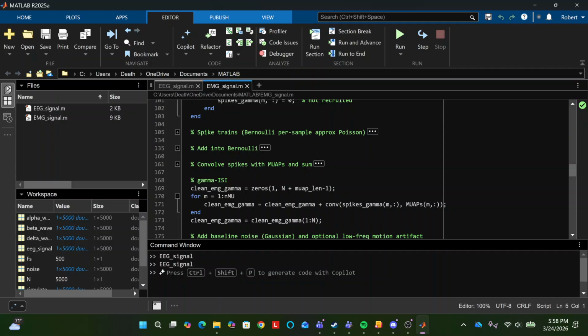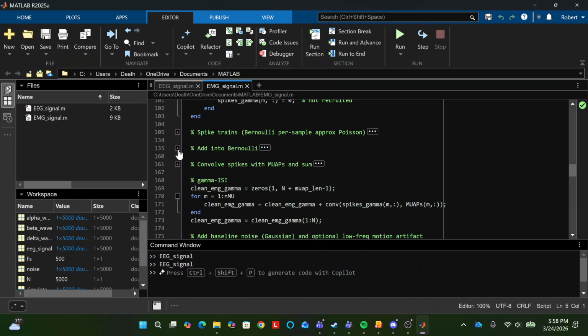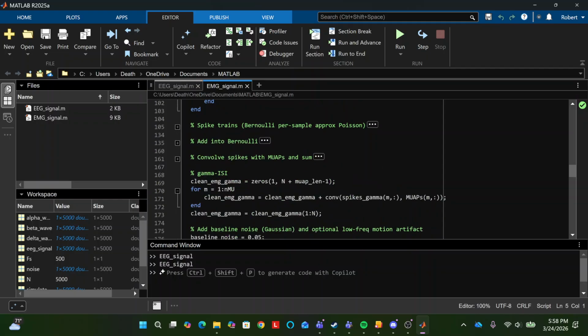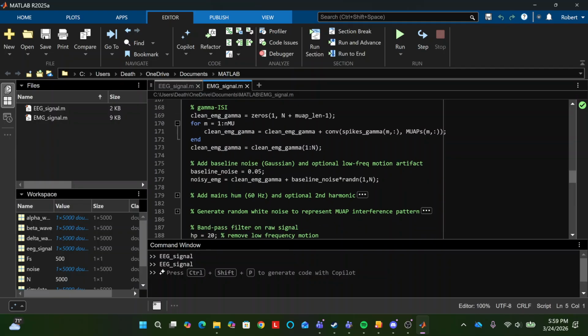We can also use a Bernoulli per-sample approximation of Poisson, and we actually can create spike trains doing that as well. And we can convolve spikes with MUAPs and sum, but we did gamma ISI, which is more of what the EMG machines actually use for calculations.